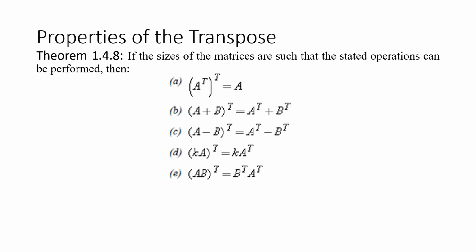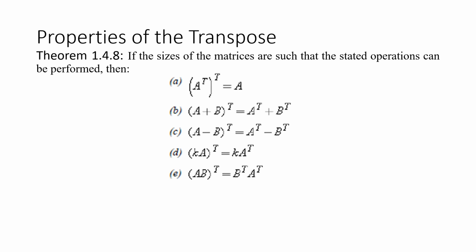The result of part E can be extended to three or more factors: the transpose of a product of any number of matrices is the product of the transposes in the reverse order.